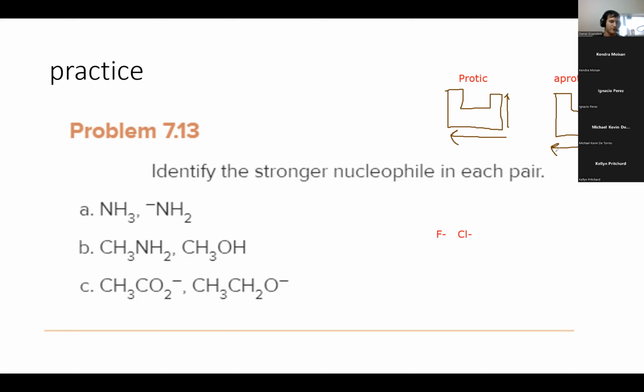Like if they tell you it's DMSO, then you need to take that to aprotic. Or if they give you ethanol, you need to take it to protic. But if they don't tell you anything about the solvent, yeah, assume it's aprotic. I'm gonna go ahead and move on.